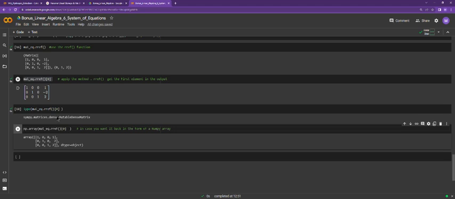Let's say once you've done this and you now want it back in the form of a NumPy array, you just call the NumPy array function, np.array, and your SymPy matrix goes here. And that is it basically.